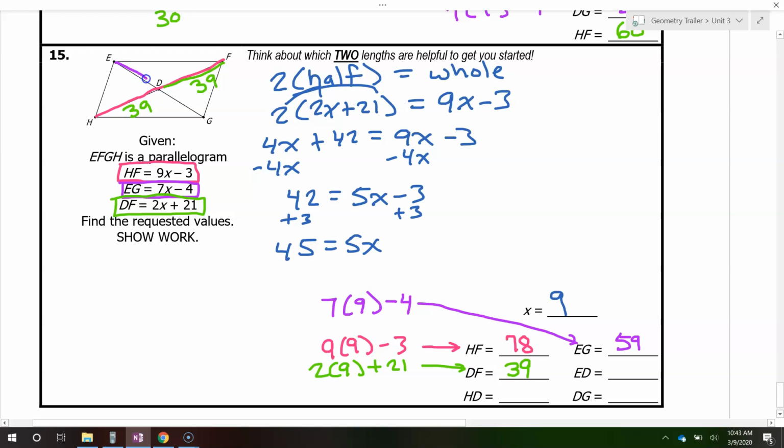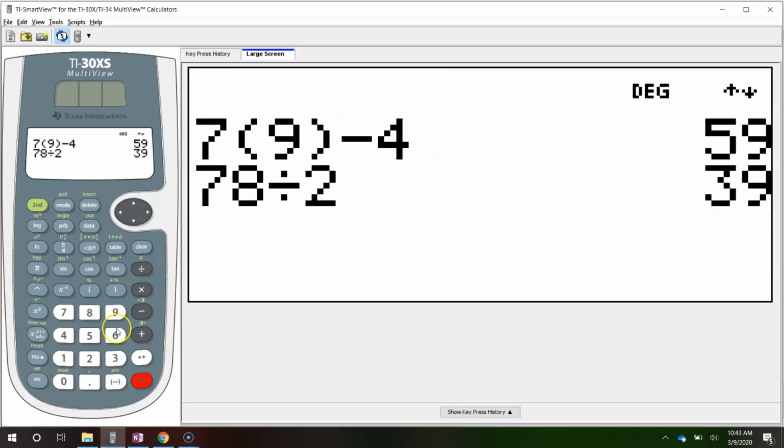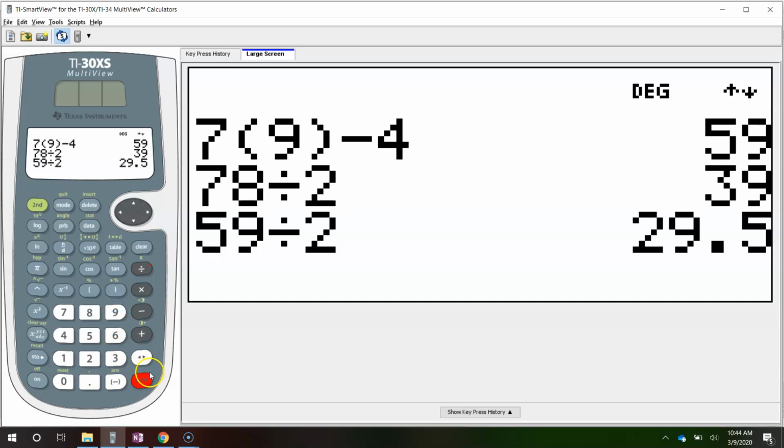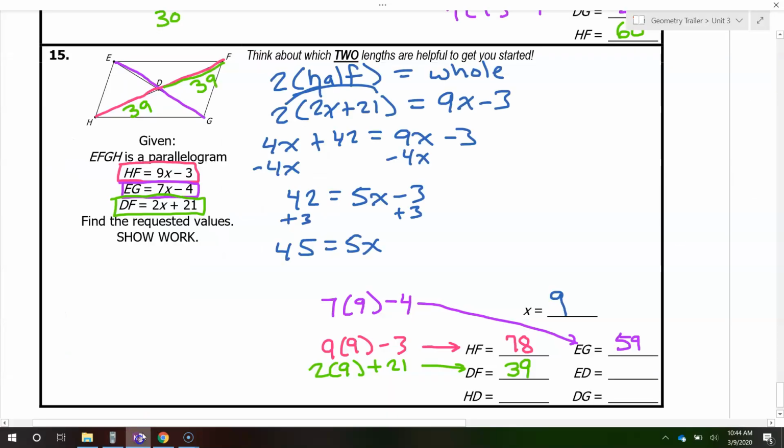Well, that's EG. The whole thing is 59. But let's split it in half and see what happens. If I split that in half, 59 divided by 2, that's 29.5. Interesting. So that means that I will have 29.5 on both sides.